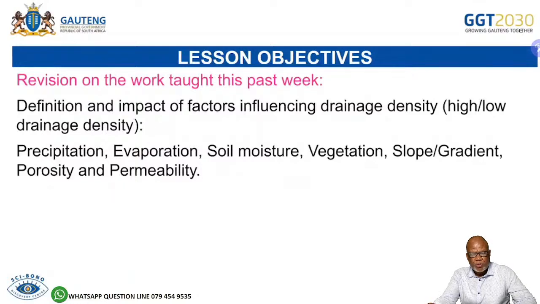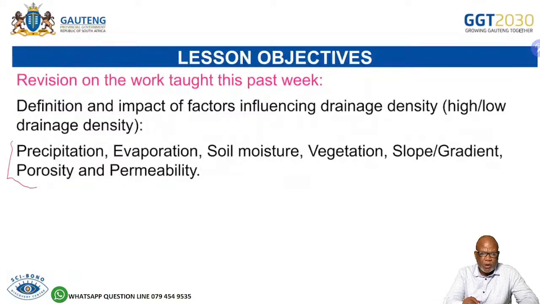You must be able to define the impacts of and factors that influence drainage density. Why do we have high density in some places and low density in others? And you have to be able to define and explain precipitation, evaporation, soil moisture, vegetation, slope, porosity, and permeability, which are the factors that will be affecting your density. So these are the factors.